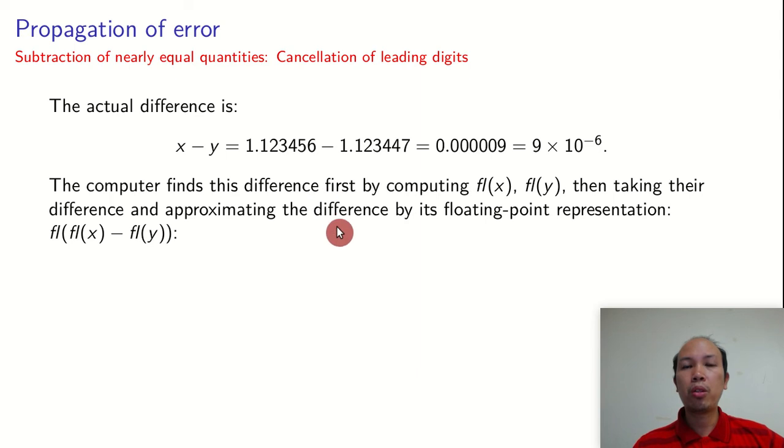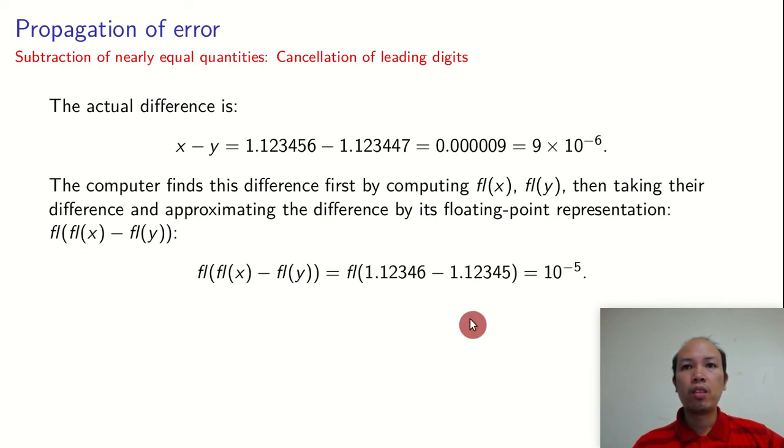Now, how does the computer get the difference? First the computer will compute FL of x and FL of y, then take their difference. This is taking the difference by its floating point representation. The result is 10 to the negative 5.